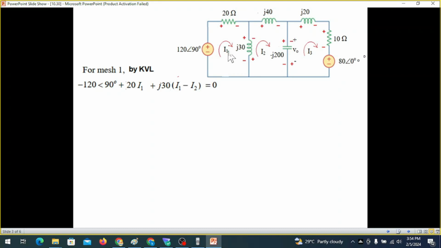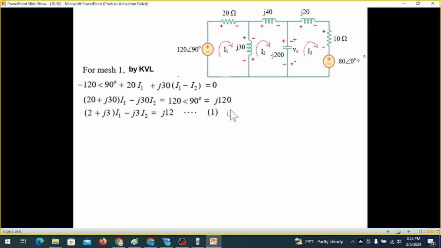We'll write I1 minus I2. j30 (I1 minus I2) is equal to 0. And we'll arrange the terms. This will be our final equation, arranging I1s and I2s, and then dividing by 10 or eliminating the zeros. So this is our first equation for mesh number 1.